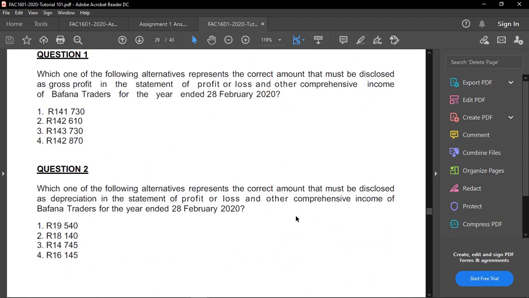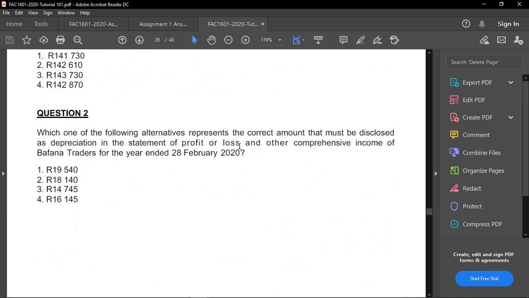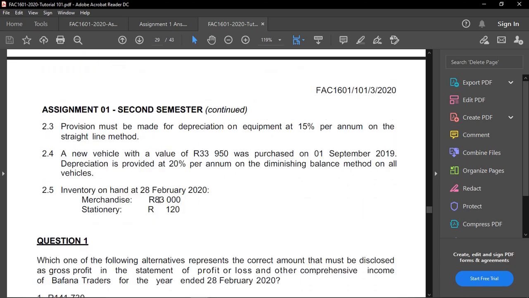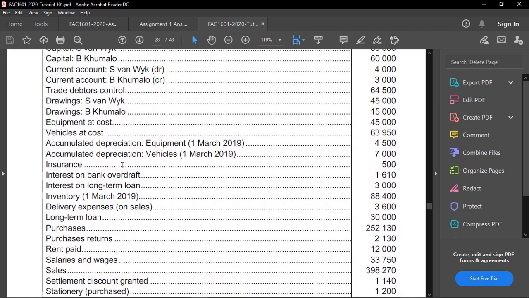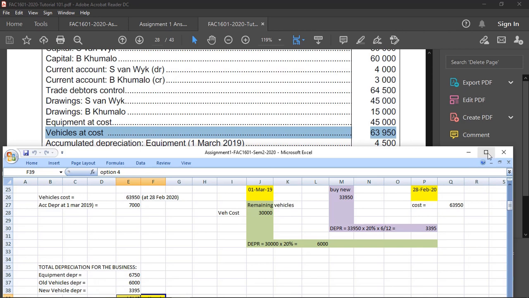Which of the following alternatives presents the correct amount disclosed for depreciation? That was for the year ended 28th of Feb. If you look at the depreciation here, 7,000 was accumulated. Yes, that's fine. And the vehicle cost was 63,950.